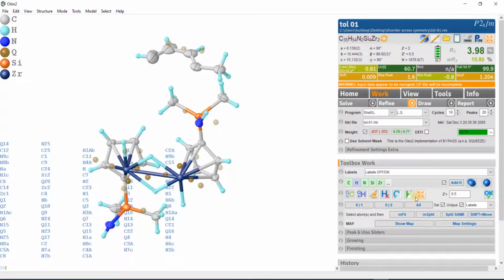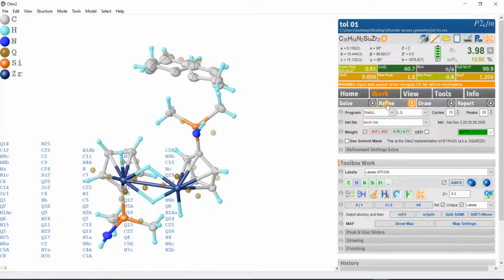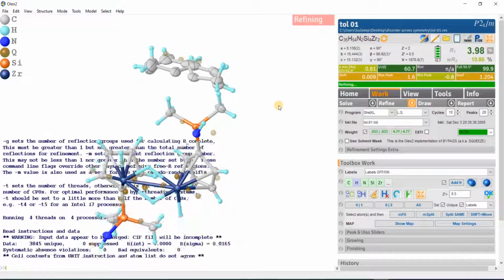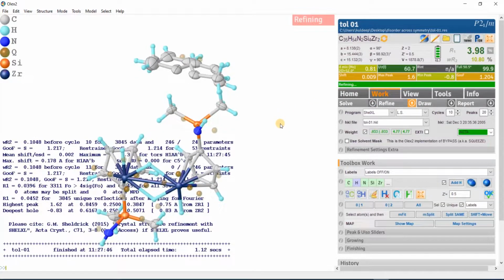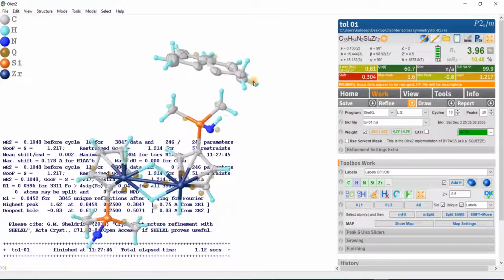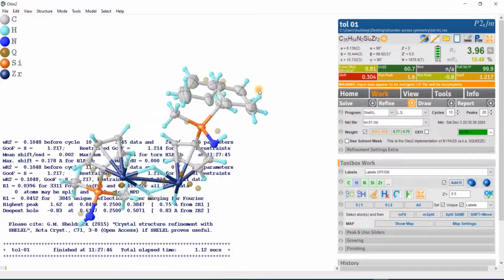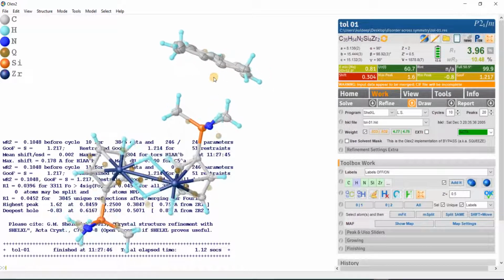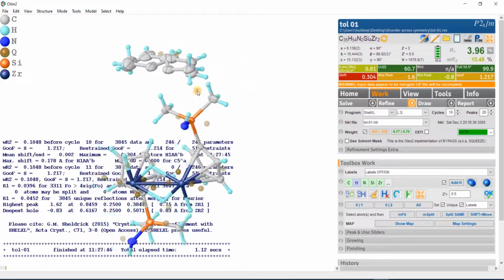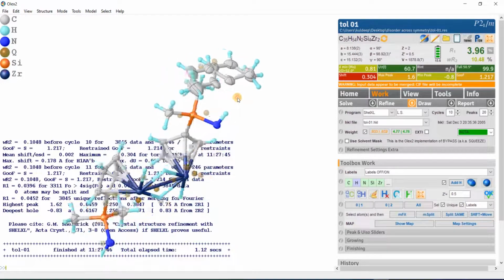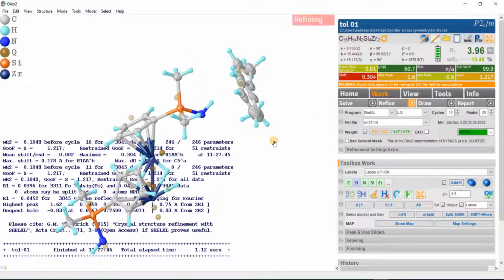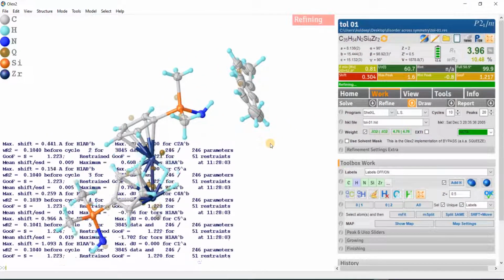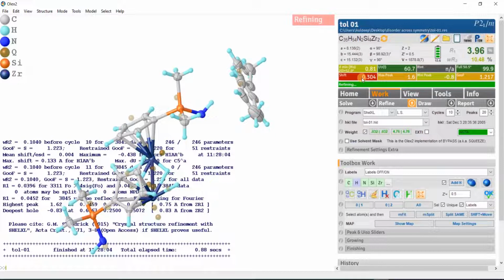Okay. So let's refine. Now you can see the R factor is further down to 3.96. Now there are no Q peaks around this toluene molecule. The shift is almost stabilized.